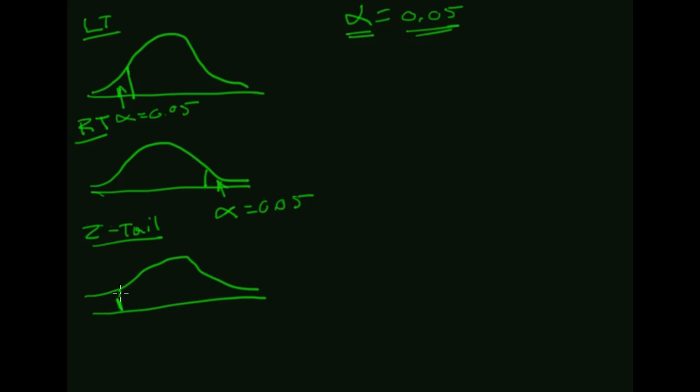And if I have a two-tailed test, I want half of my alpha, so alpha over 2, which is 0.025, and the other alpha over 2, which is 0.025, to be in each of the tails. So if I miss here, I want to miss to the left. If I miss here, I want to miss to the right. And here, I can miss to either side.